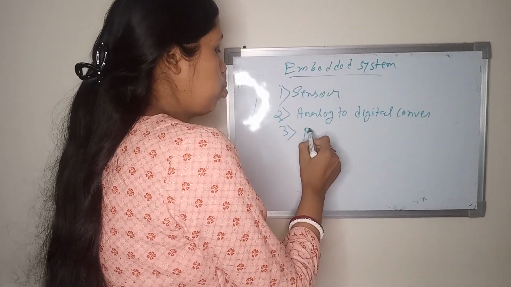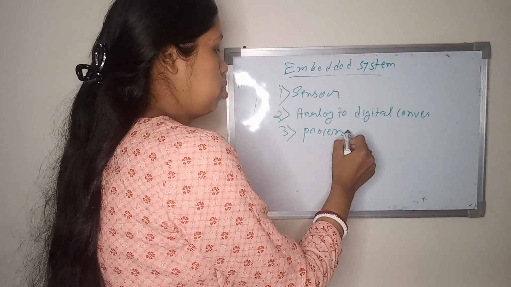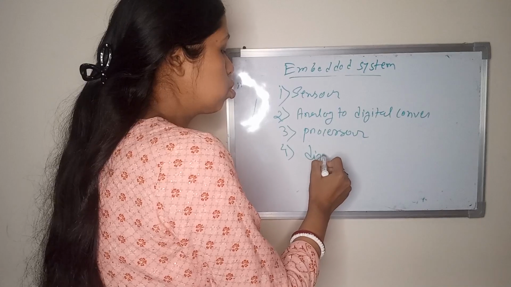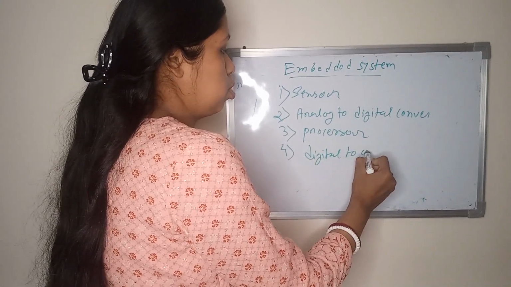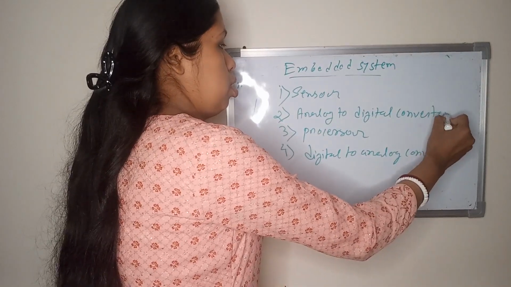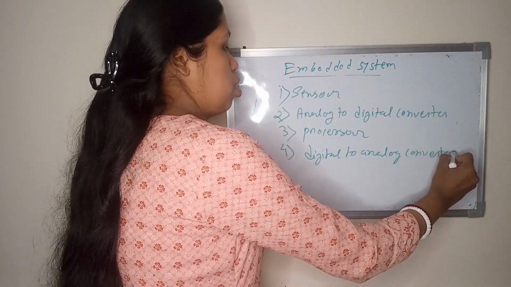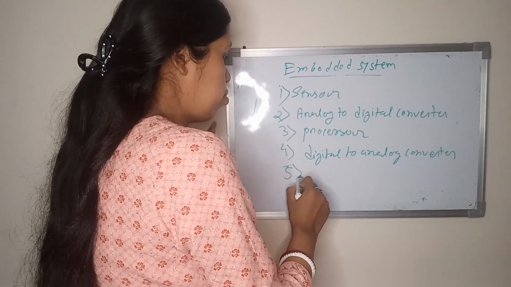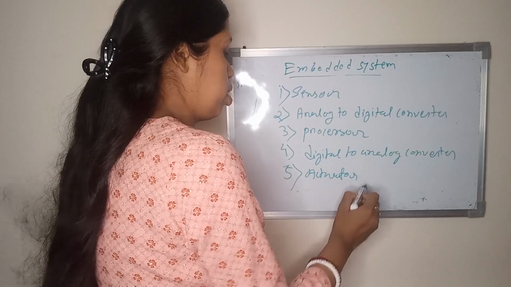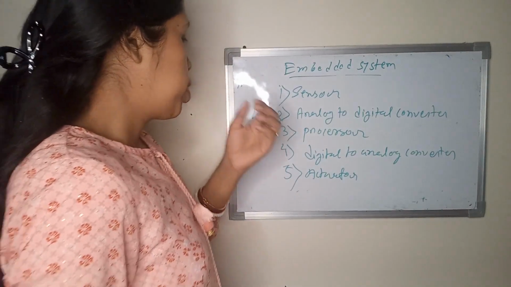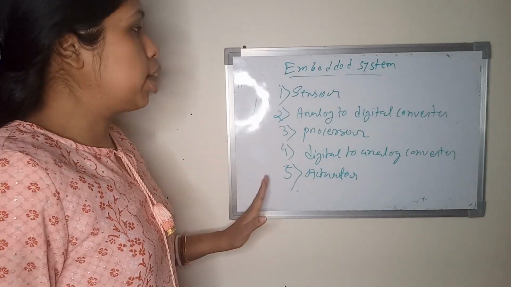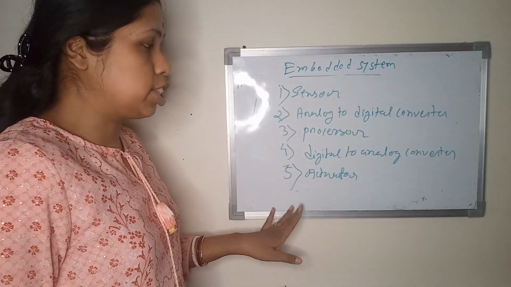Third is the processor. Fourth, again the digital to analog converter. Fifth is the actuator. So these five components are required for designing the embedded system.